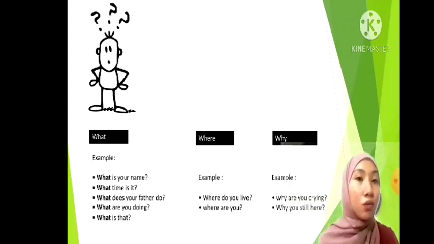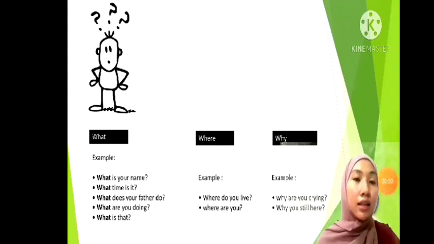What does your father do, as an action, or what are you doing, or what are you thinking about, as an idea, or what is that? So if you want to know information about an object, an idea, and an action, you always use the WH question what.